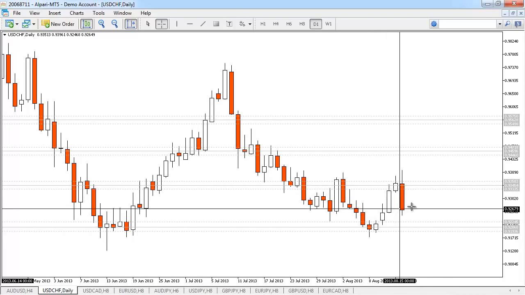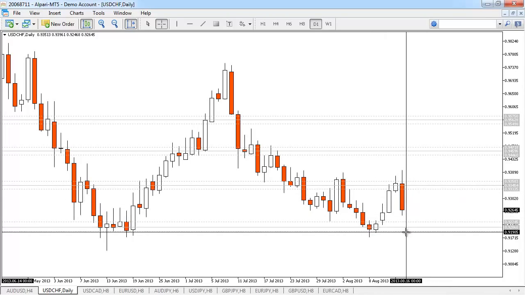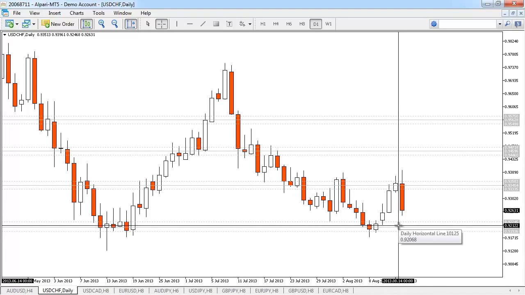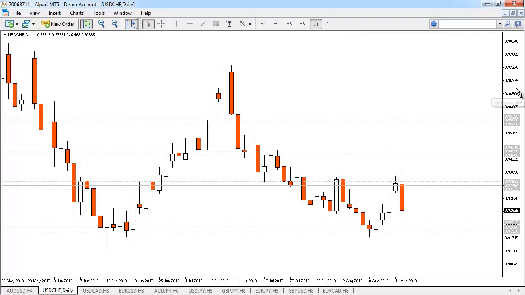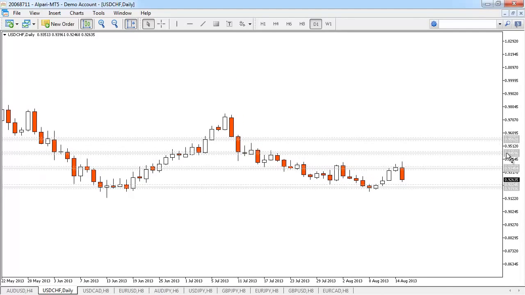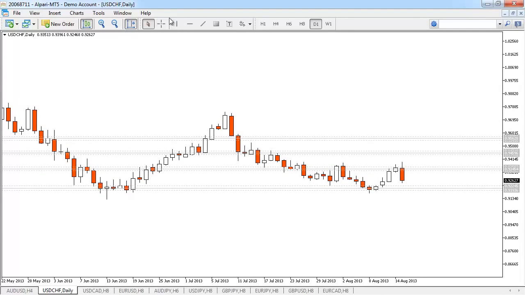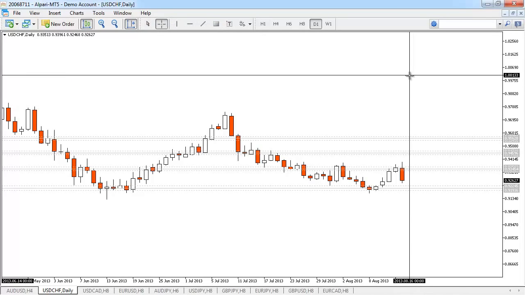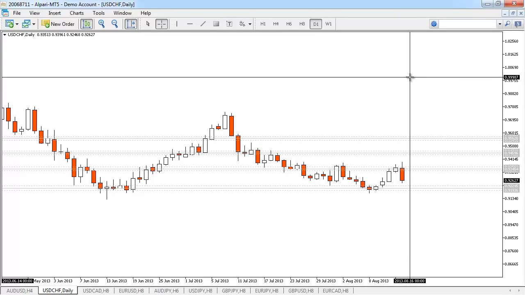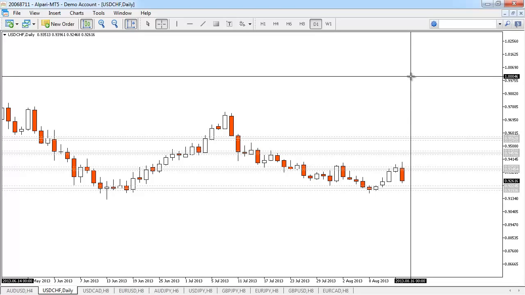Any rounded number on a chart is going to have a little bit of support and resistance. And usually the bigger the rounded number, the more the support resistance at that level. So for example, the biggest one on this USD CHF chart would be right here at the 1.0000. I can't get it exactly, but the 1.0000, that's an extremely strong psychological level.